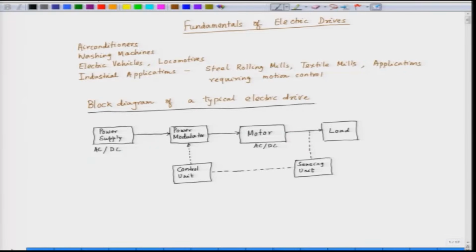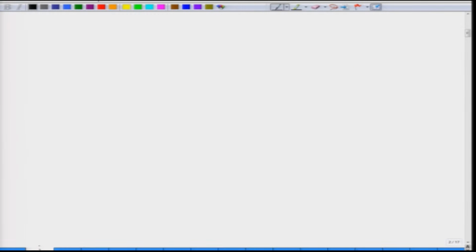Now, let us try to understand each component of this block diagram. We will first talk about the electric motor. Now, when we talk about the parts of electric drives, the first part is electrical motors.